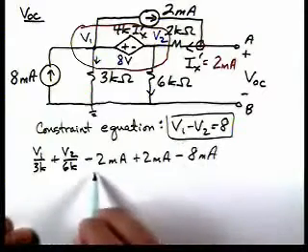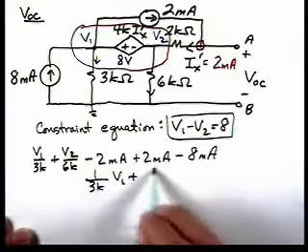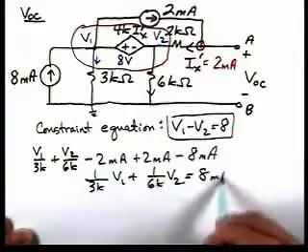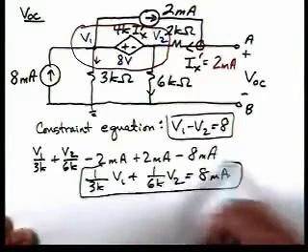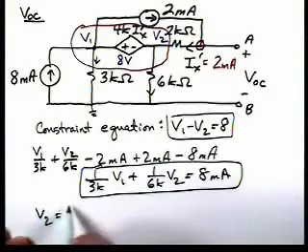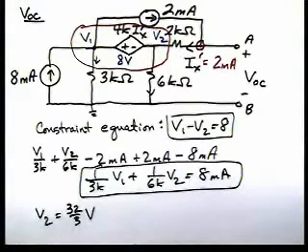So here we get 1 over 3K times V1 plus 1 over 6K times V2 is equal to 8 milliamps. And there's our second equation. If you go through and solve, you'll get V2 is 32 over 3 volts.